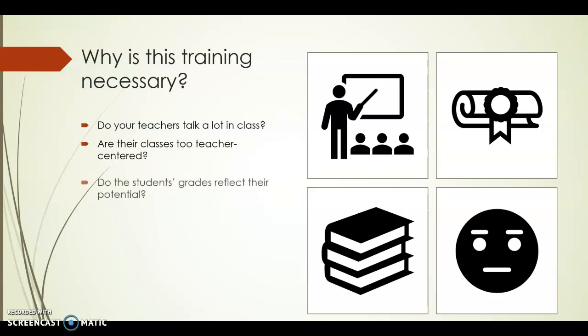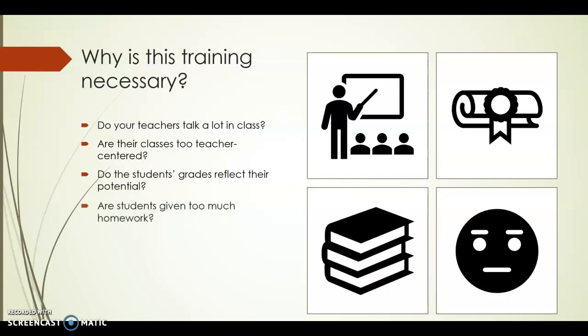A lot of student talking time and student-centeredness are the goals. Also, very often it would happen in schools that students, when they finish their tests and exams, don't perform nearly as well as you thought they would, or you know they have the potential for. Maybe this is because they are not motivated enough to study and learn their English. Also, what happens often is that students get a lot of homework to do because teachers don't have sufficient time to address all the exercises in the classrooms.